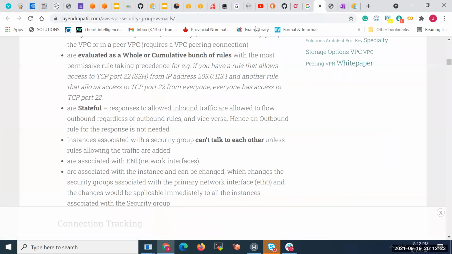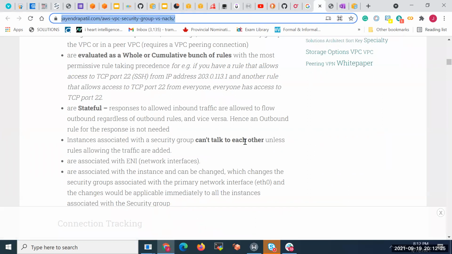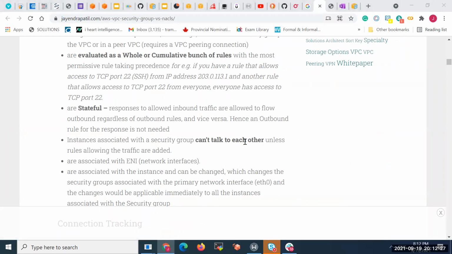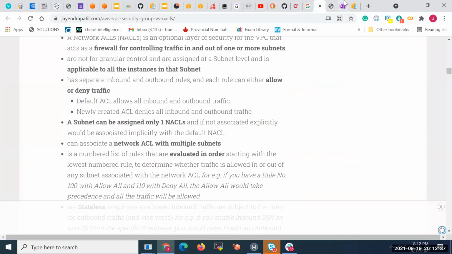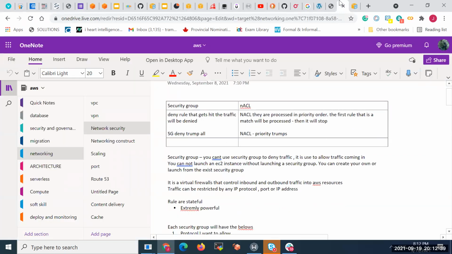I have read this blog. It's good also. It highlights different things like stateful and stateless, and you can see what it means by stateful and what it means by stateless, but we run out of time. So I want to highlight the priority, because priority is something that does get asked in the exam.